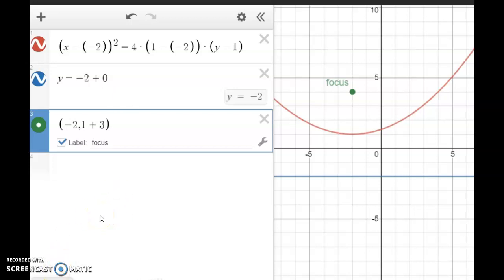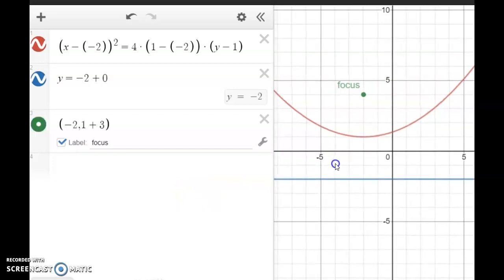All right, we just had some internet problems here, so I hope this is going to work. So here's my focus. This one looks a little strange here, the p here, 1 minus -2. But when I look at the equation for the directrix, I notice that I'm going to take the k, which is the 1 over here, and subtract from it the directrix, which is this one here, and then I come up with the 3, which I also wrote down for the focus.